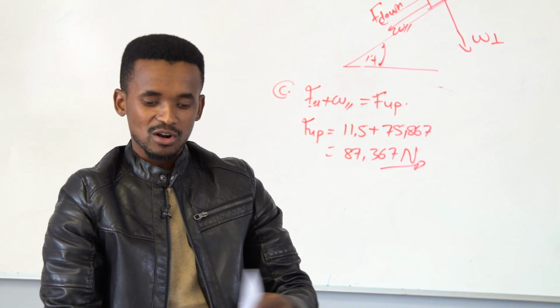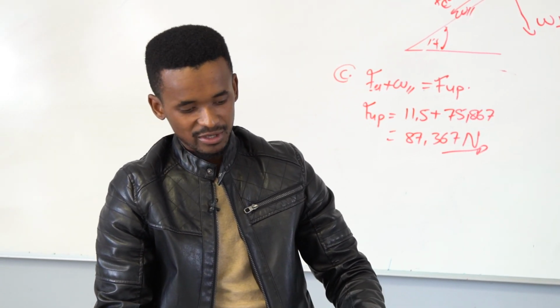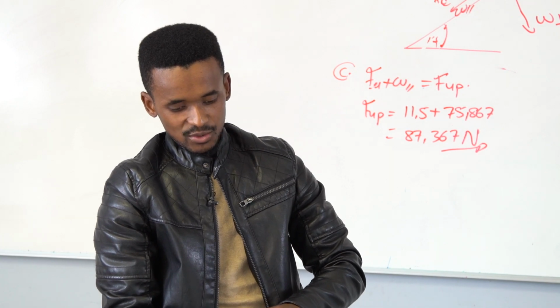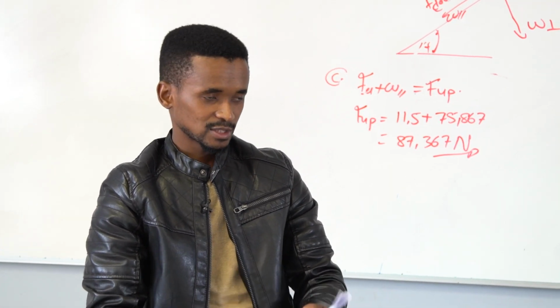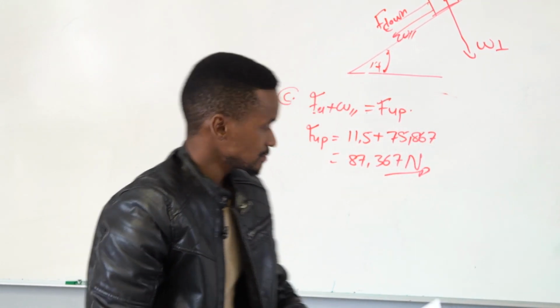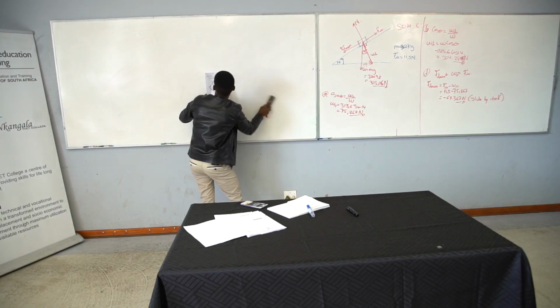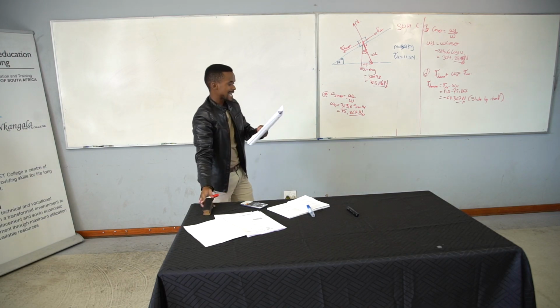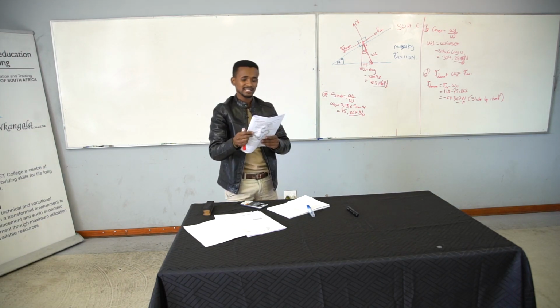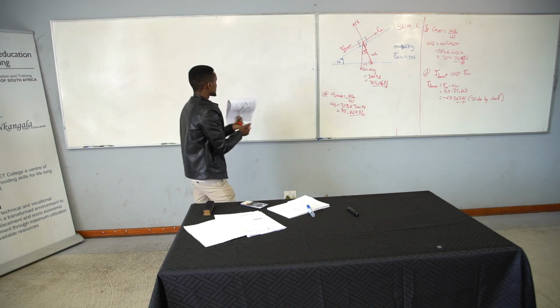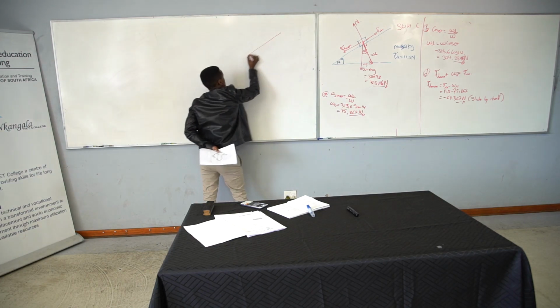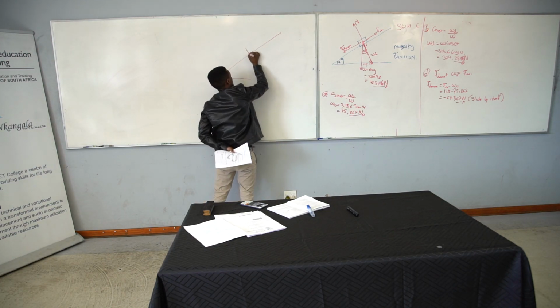Now, I would like us to solve one of the questions from a previous question paper. This is 26 July 2018, question 4. On the question, they say a casting with a mass of 500 kg rests on a surface slope. So, we have that.